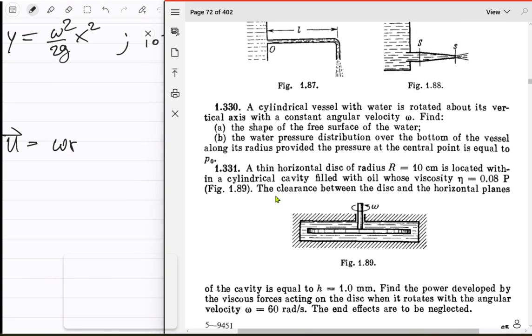Okay. So for a linear distribution, that is, for a constant gradient along the y direction, you could just have u vector equal to omega r over here. Then over here it should be 0, right?